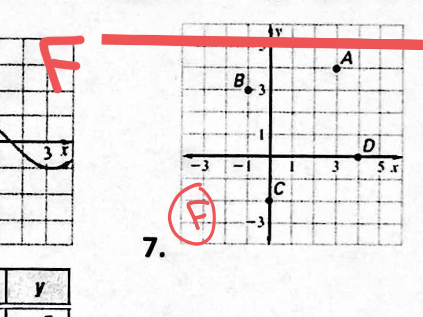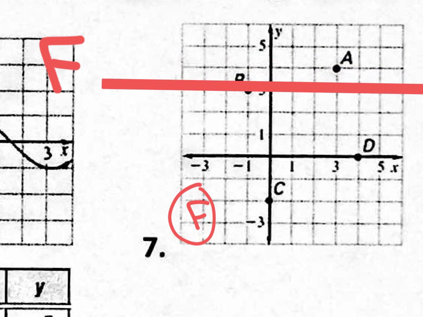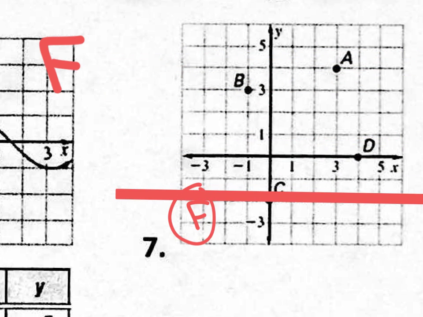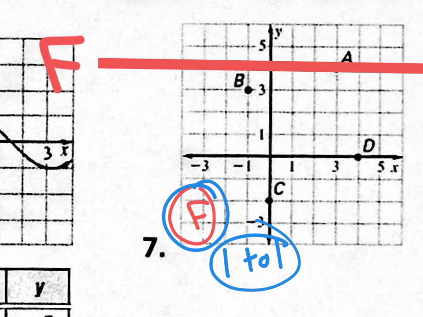But is it a one-to-one function? If I do a horizontal line test, does it pass? Yes. So we could be more specific and say not only is it a function, but it's also a one-to-one function. Adding on the one-to-one is just being a little more specific, saying that it is a function and it's even a one-to-one function. Each individual input gives you its own individual output.